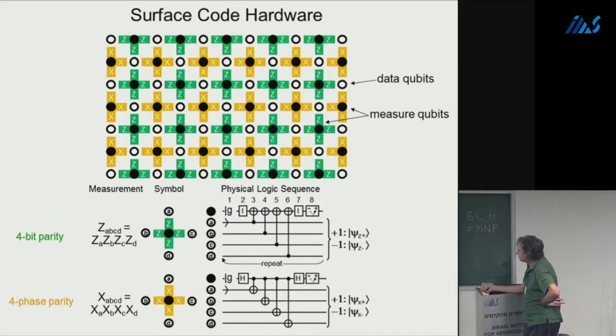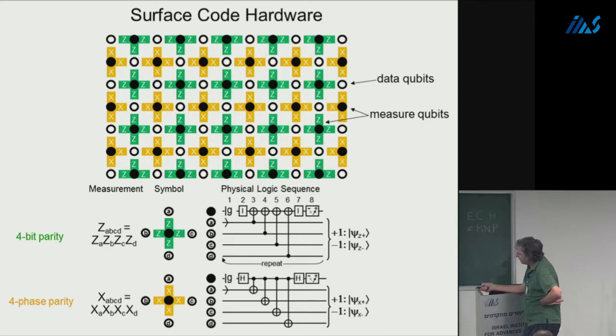Okay? And then the same thing here in the orange-yellow is the same thing, but now instead of doing a bit parity, we do a phase parity. And this tells you the phase parity of the device. But it basically does the same thing. And what happens in the surface code cycle is you just start it off and you run this and you just repeatedly measure out of these measurement qubits the 4-bit parity and the 4-phase parity over and over again.